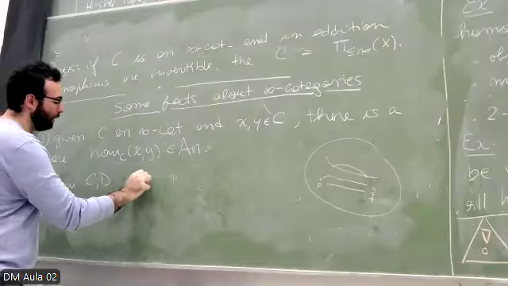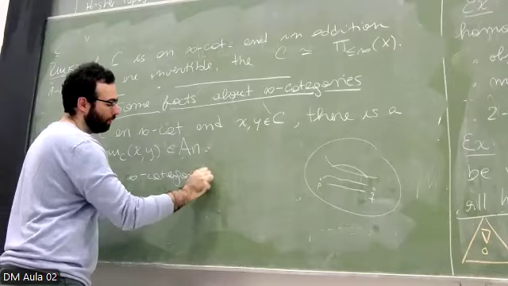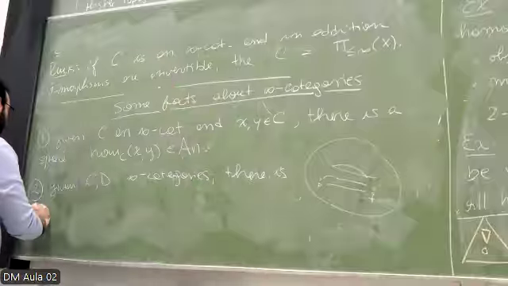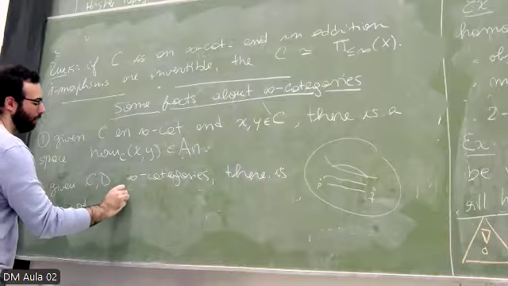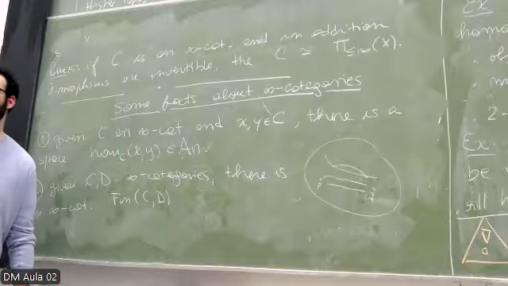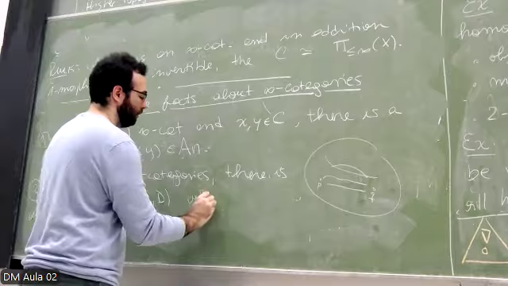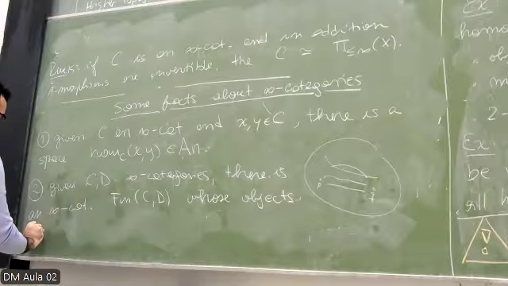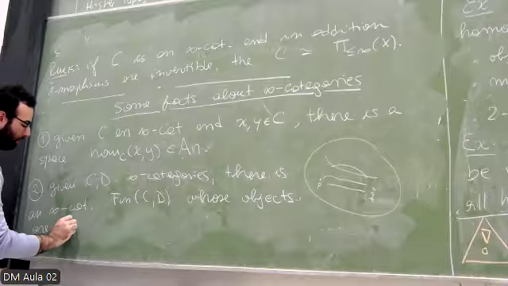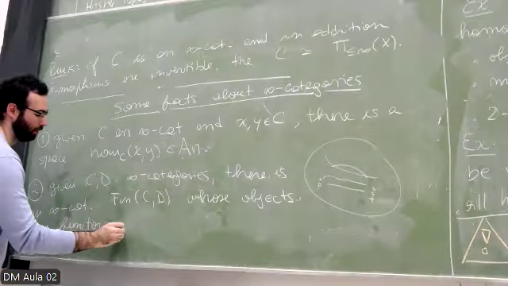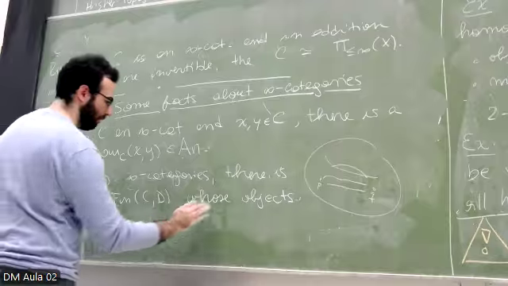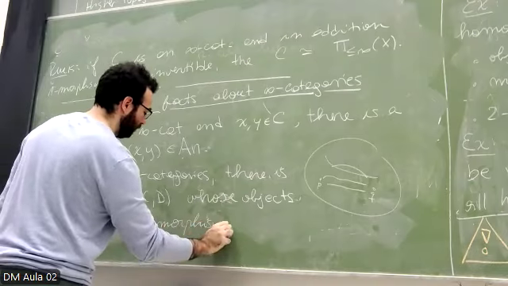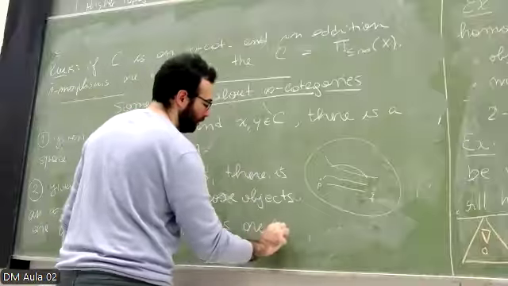Okay, another thing is that if you have two infinity categories, just like with one categories, there is another infinity category of functors between C and D. Its objects I call functors, it's a definition, if you will, or notation, and its morphisms are natural transformations.